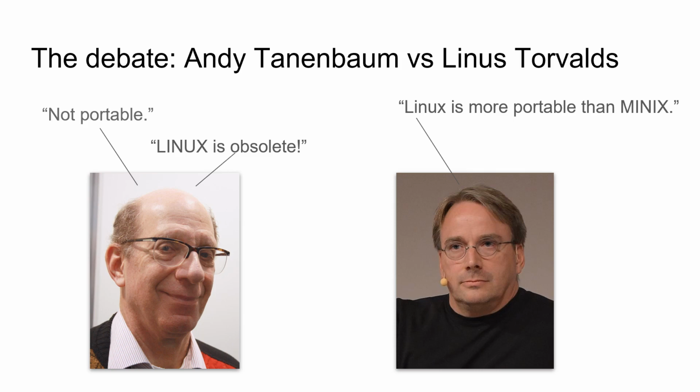Moreover, you've designed your operating system as a monolithic kernel, and this is really less reliable than if you were to compartmentalize this. Ergo, I think Linux is already obsolete. This prompted an angry response from Linus, where he said, I think Linux is more portable than Minix. He actually gave some sophisticated arguments, and the arguments were rebutted by the other side. And this went on for quite some time.